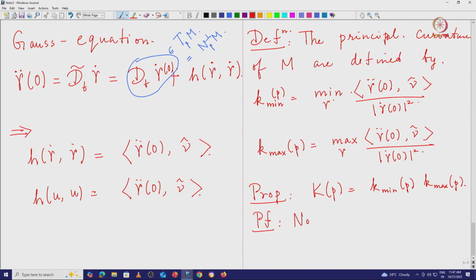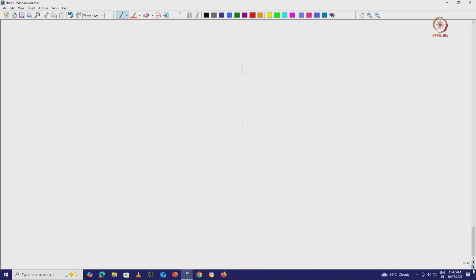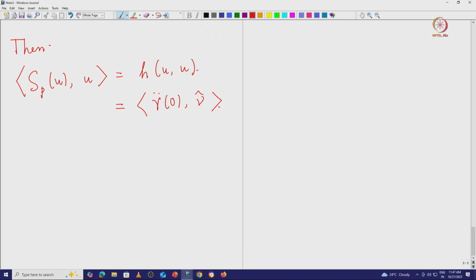So note that if gamma is as above and if u is the velocity vector at 0, then S_p of u inner product with u, by definition, is just the second fundamental form applied to u comma u, but by our previous discussion this is precisely the component of the acceleration vector of gamma along nu hat.